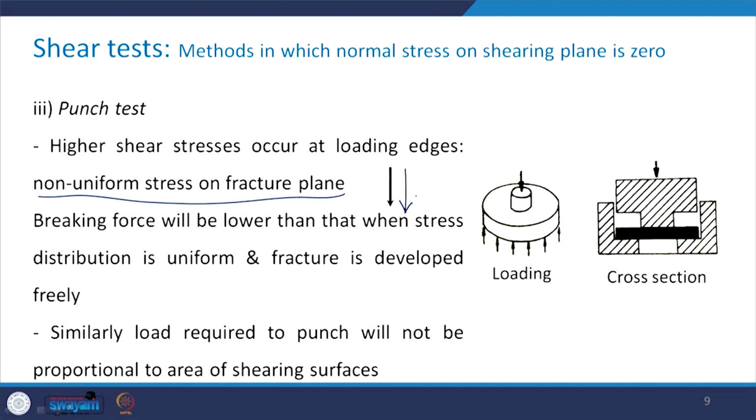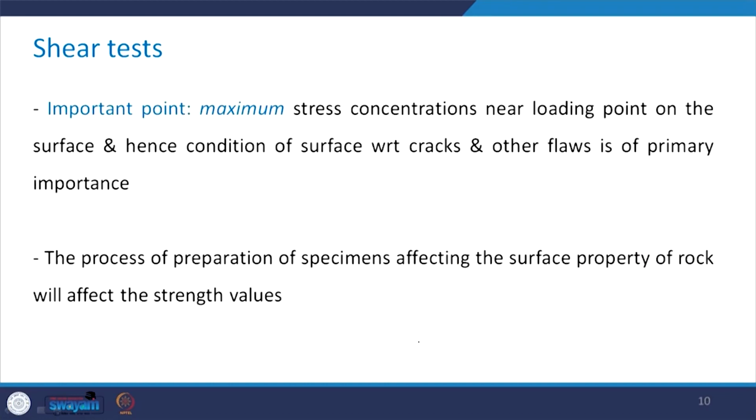Similarly, load required to punch will not be proportional to the area of the shearing surfaces. So, these are some of the limitations of the punching tests.